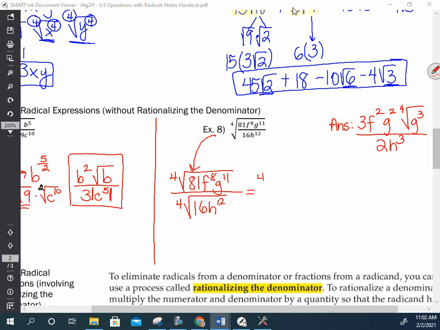At the top, you have the fourth root of 81, fourth root of f to the 8th, and the fourth root of g to the 11th.